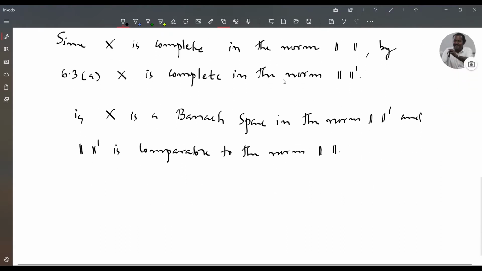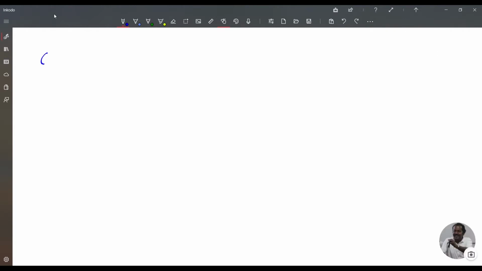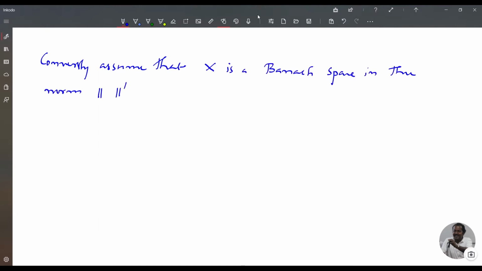So this proves the first part. Now we prove the converse. Conversely, assume that X is a Banach space in the norm dash, and the norm dash is comparable to the norm.